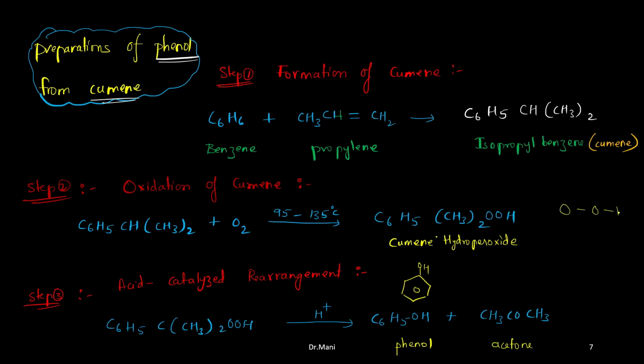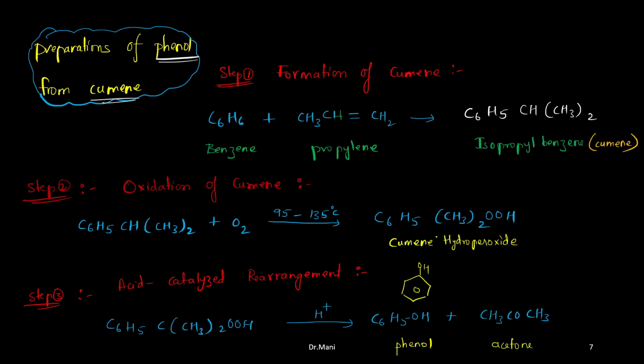A single bond between O and O, attached to hydrogen, we call a peroxide bond. Then cumene hydroperoxide is treated with acid catalyzation and undergoes rearrangement, splitting into 2 different molecules: one is phenol, the other is acetone, in presence of this proton. So these are the 3 steps involved.